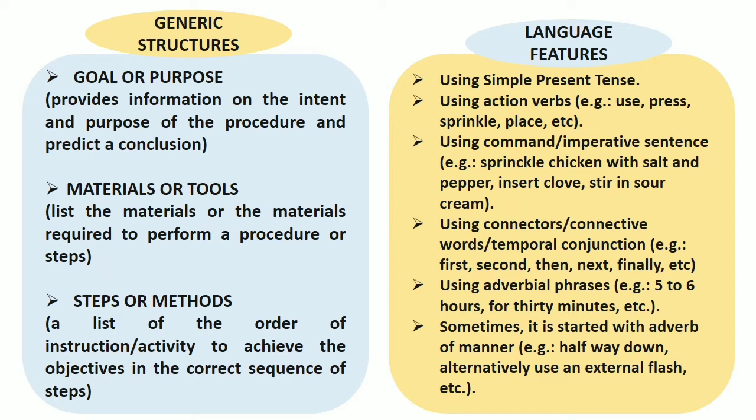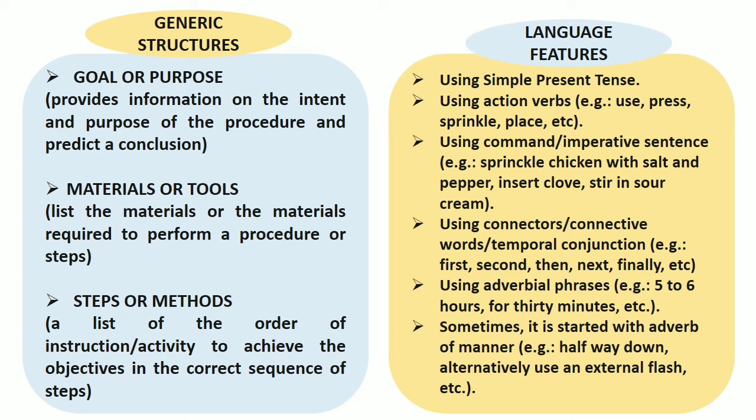It provides information on the intent and purpose of the procedure and predict a conclusion. Second, materials or tools. It's a list of the materials required to perform a procedure or steps. Third, steps or methods. It's a list of the order of instruction or activities to achieve the objectives in the correct sequence of steps.